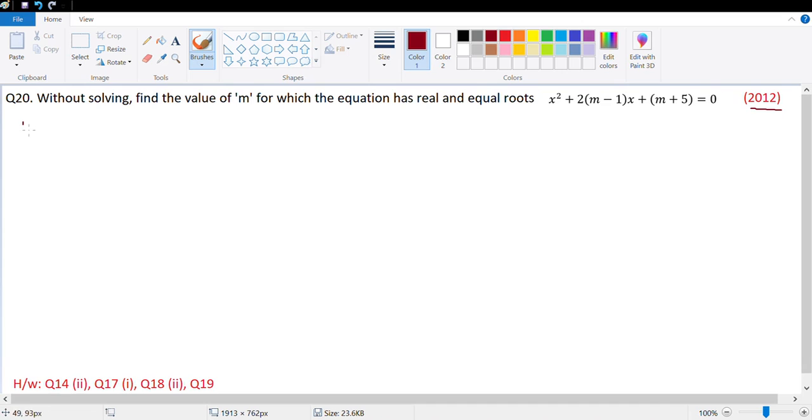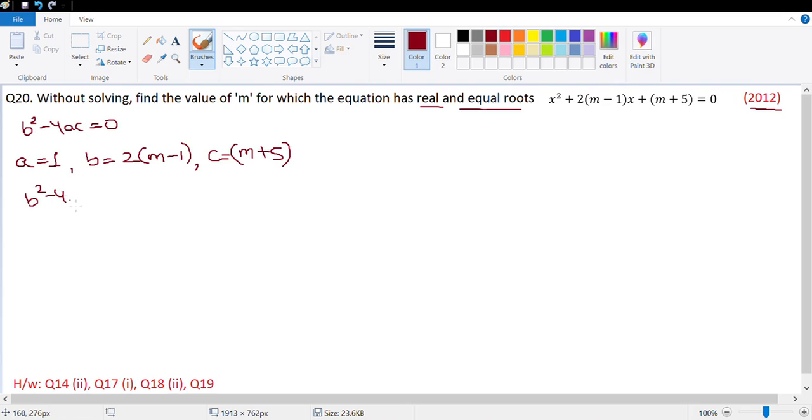So b square minus 4ac is equal to 0 if the equation has real and equal roots. Here, a is equal to 1, b is equal to 2 times m minus 1, and c is equal to m plus 5. Let's put it in the equation.